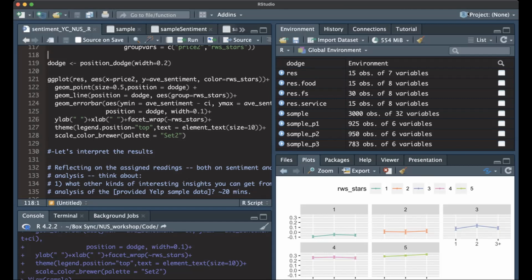Well, first of all, the reason why I chose sentimentr is because it can do sentence level analysis in a way that is very intuitive and easy to follow, and it is relatively fast on handling large data sets.